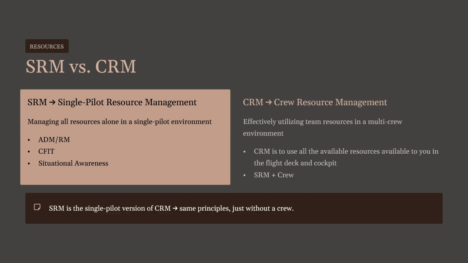In single pilot operations, that means using tools like checklists and automation, ATC, weather information, and good personal decision making. So SRM is basically the single pilot version of CRM, built on the same safety principles, right? So use all the available resources you can use. If you have crew, it'll be crew resource management.